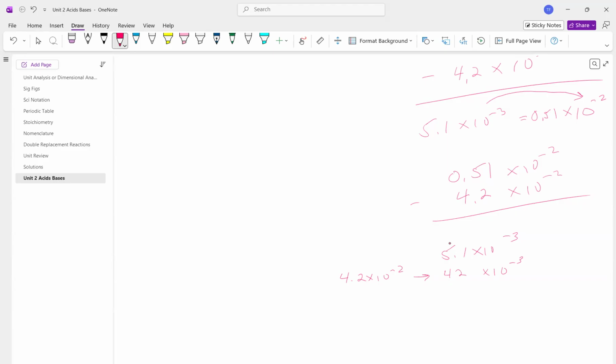You were 42, right? Yeah. Bottom line is they've got to be the same. It doesn't matter which one you convert. Got to be the same.